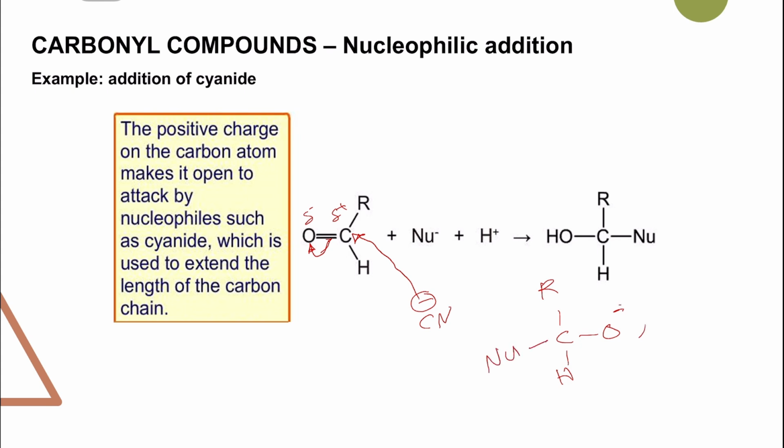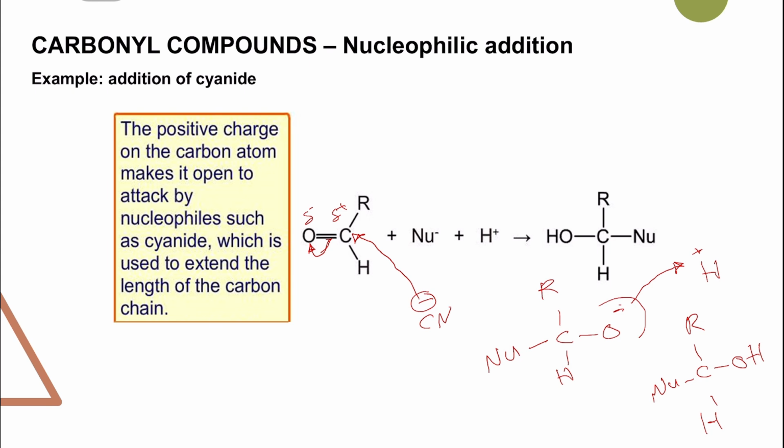Now the oxygen has a negative charge and there will be hydrogen in the medium. The hydrogen then will react with the oxygen to give us the nucleophile, the carbon, R, hydrogen if this is an aldehyde, and then an OH. Whatever the nucleophile, whether it's a cyanide group or, for example, an alcohol or water hydroxyl group, they will all add in the same way.